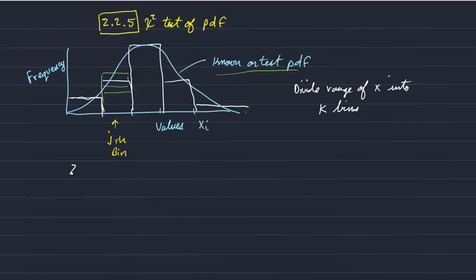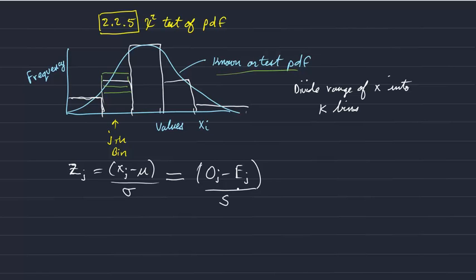So here we have to define our z variable. So z for the jth bin, in general terms, again, that was x, our data value, minus the expected or the mean value, divided by the standard deviation. And in this application, the data is the observed number in the bin, mu is the expected number in the bin, and the standard deviation is s.